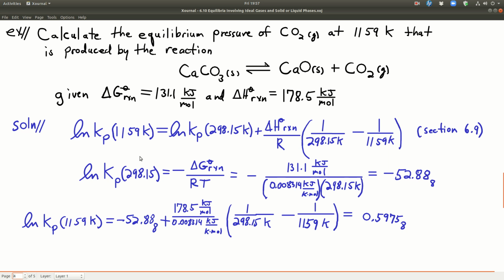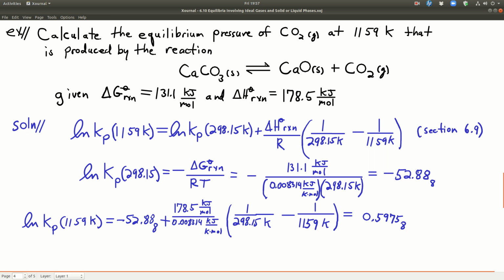So what we're going to do is use the equation we developed in section 6.9, which looks like this: natural log of Kp at Tf is equal to natural log of Kp at 298.15 plus delta H over R times 1 over 298.15 minus 1 over Tf. So let's get the ln of Kp at 298.15 first.